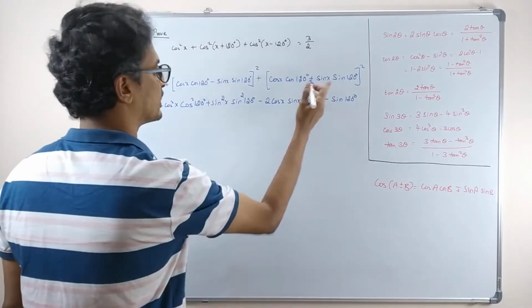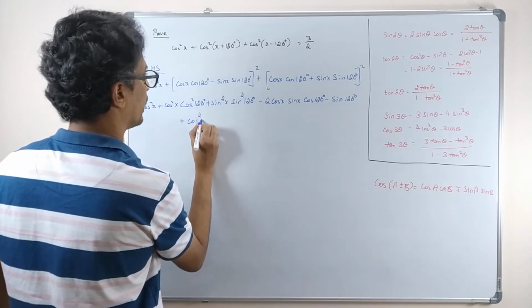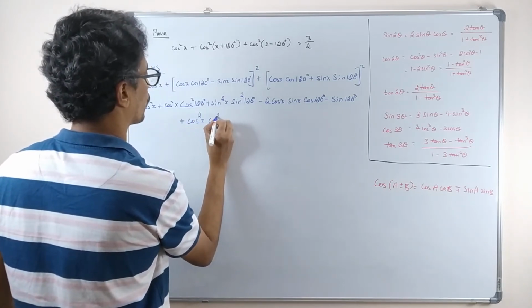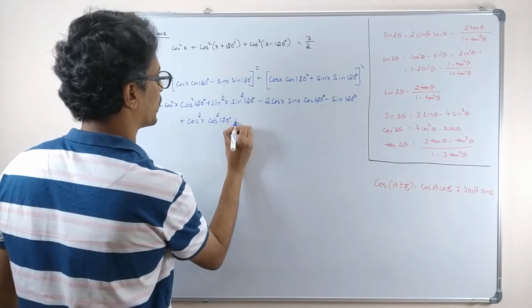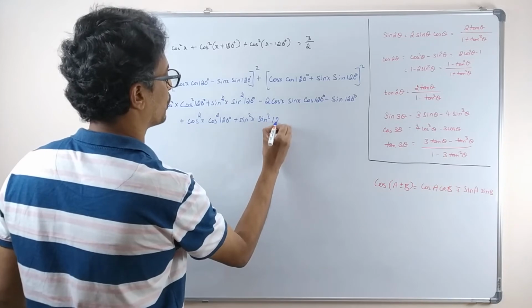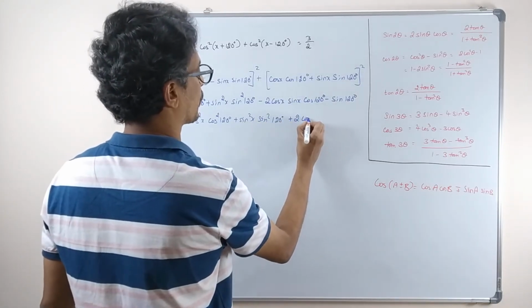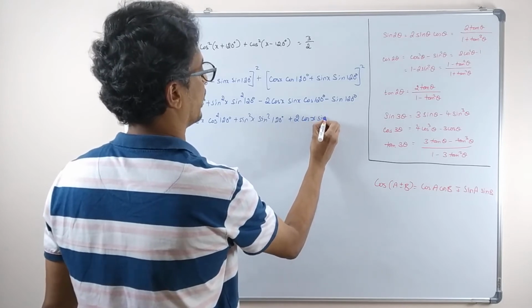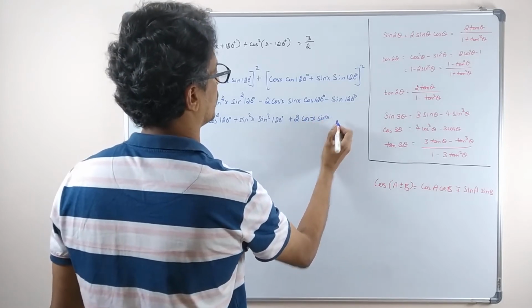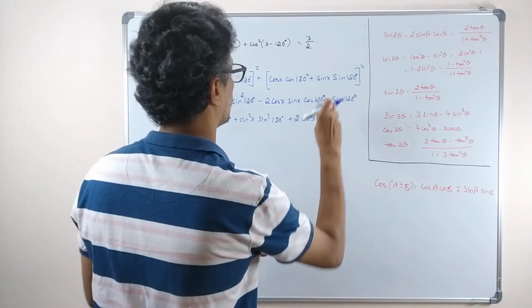Then plus this one, right? Plus cos square x cos square 120 degree plus sin square x sin square 120 degree. This is plus, correct? Plus 2 cos x sin x cos 120 sin 120. Oh, sorry, this is multiplication, na?